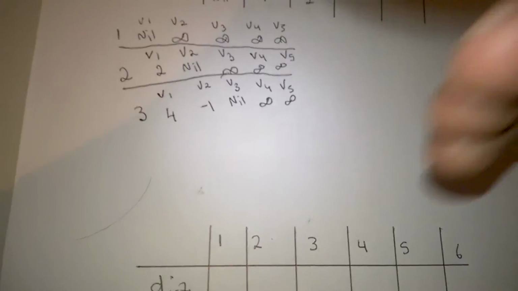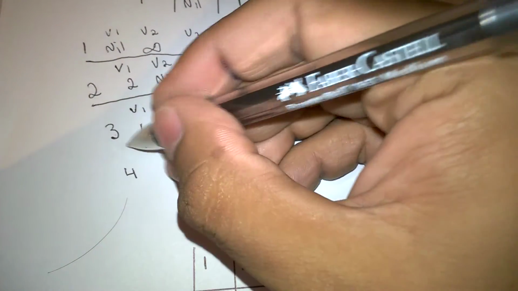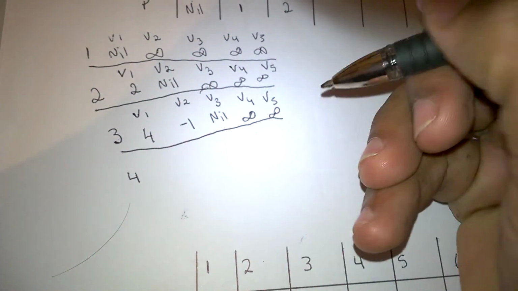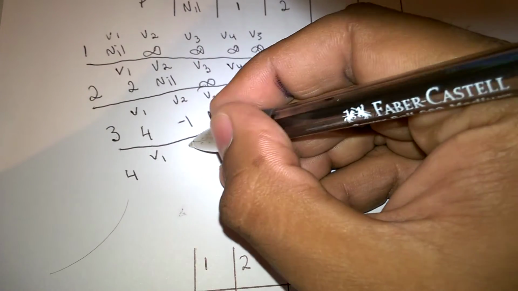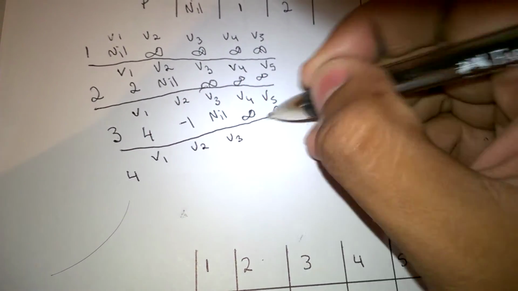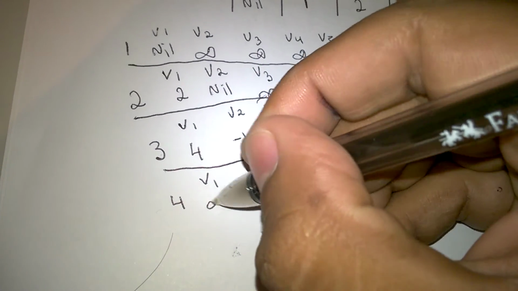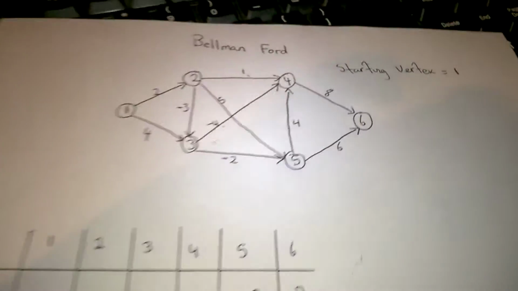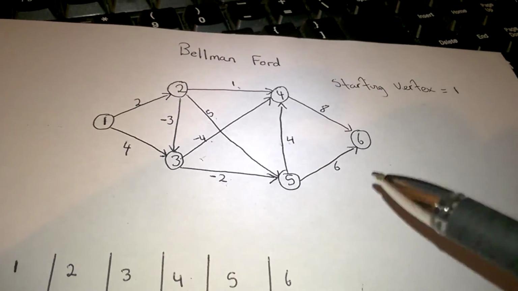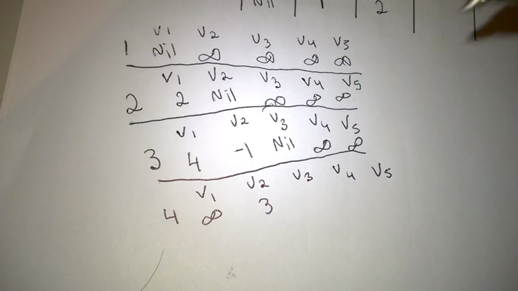Now we do it for 4. v1, v2, v3, right? Could we reach 4 from v1? No, we can't, so we put infinity. Can we reach 4 from v2? Yes, for the cost of 1 plus 2, which is 3, right? Could we reach 4 from v3?